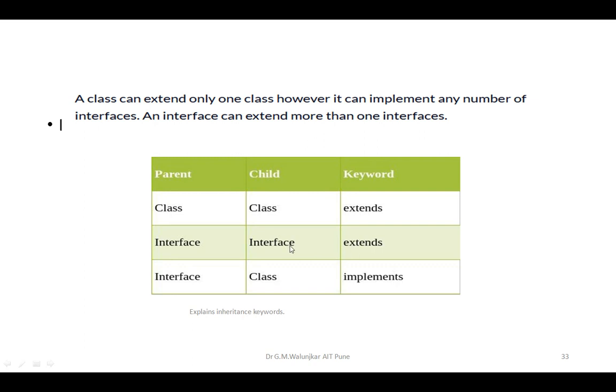An interface is a purely abstract class, a concept we'll see later. And if your parent is an interface and the child is a class, you use the keyword implements. That means the class implements the interface. Suppose this is interface A and class B, then class B implements interface A. That is the syntax you are supposed to use.